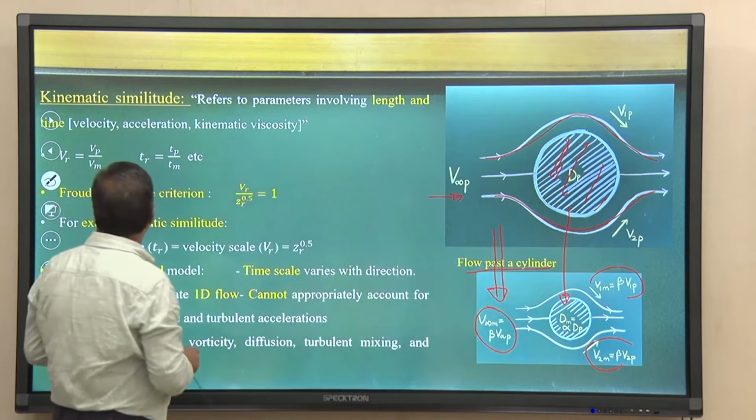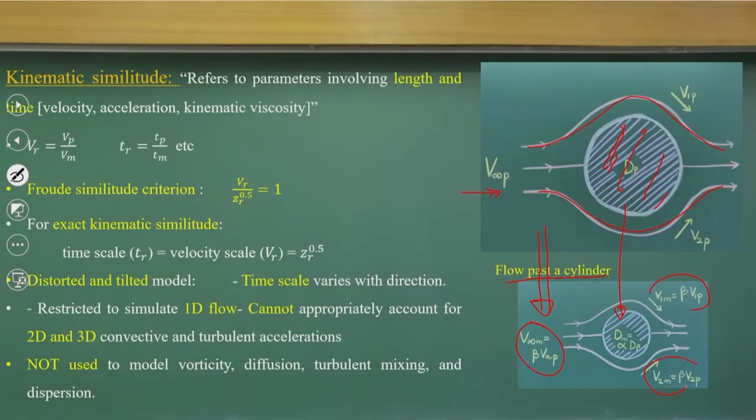So, in kinematic similitude we introduce parameters involving length and time, that is velocity, accelerations, and kinematic viscosity. That will also have the same VR, given as Vp by Vm, prototype by model.